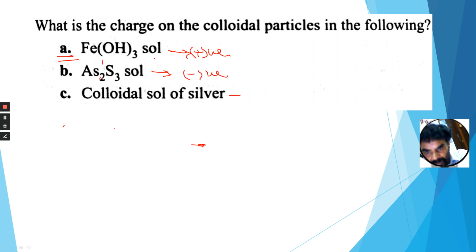Colloidal solutions of metals like silver, gold and copper are all negatively charged. In the Bredig arc method of preparation, the base is adsorbed on the metal, giving negative charge.